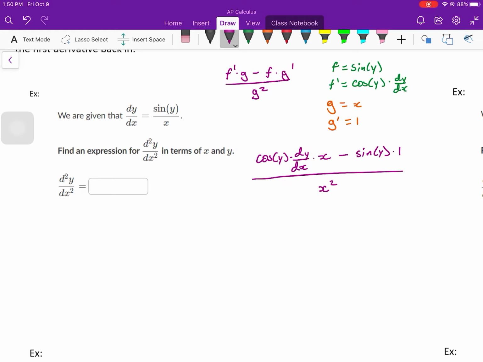So this is where things get a little bit different. dy dx is in the middle of our answer here. Well, you can't leave that. So what we're going to do is, dy dx is sine of y over x, right? So I'm going to go ahead and substitute that in for dy dx.